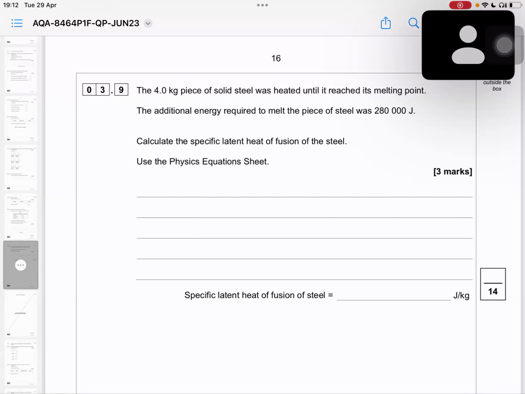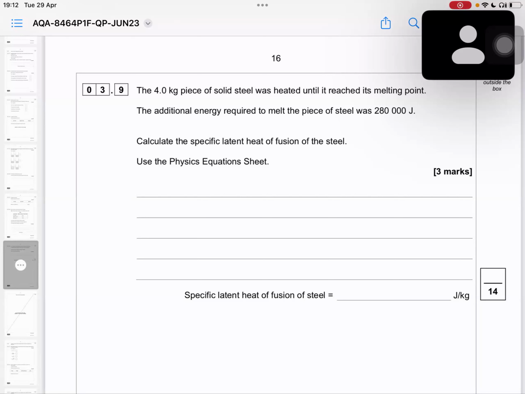So I said Q equals M times L, latent heat of fusion.